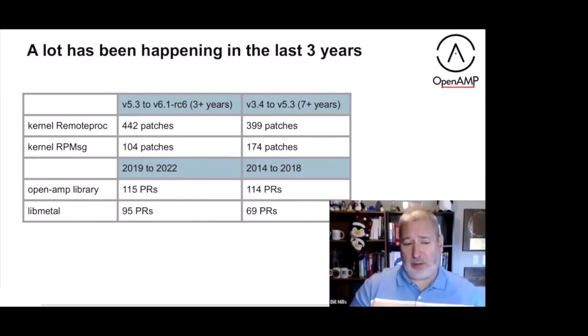In the OpenAMP library and libmetal, again, very active. In the past 3 years, we're getting more collaborators than we have in the past. So it's always interesting to get new people, new perspectives into the project. So I thought this was very interesting.